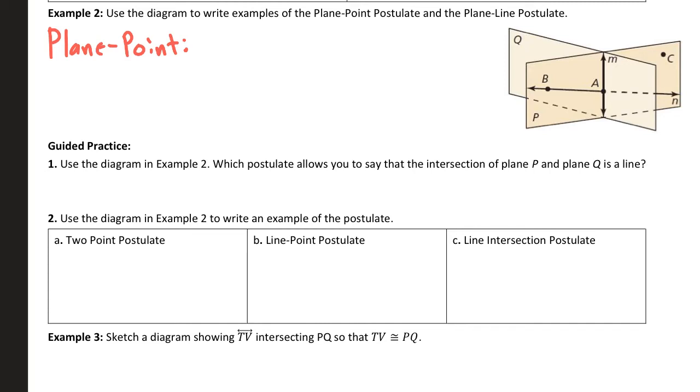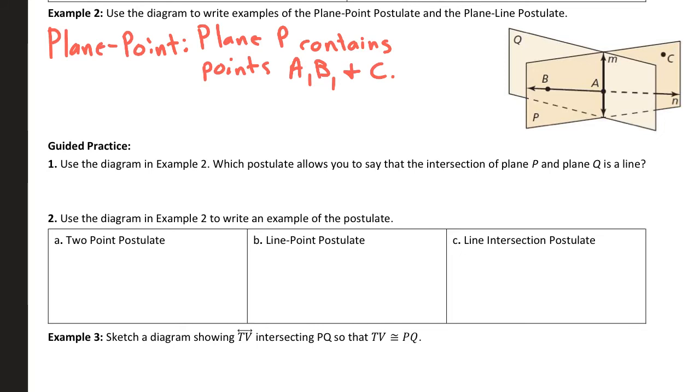So my example of that I'm going to say plane P contains points A, B, and C. So that's all the plane point postulate says, is that a plane contains 3 points, not all part of the same line.